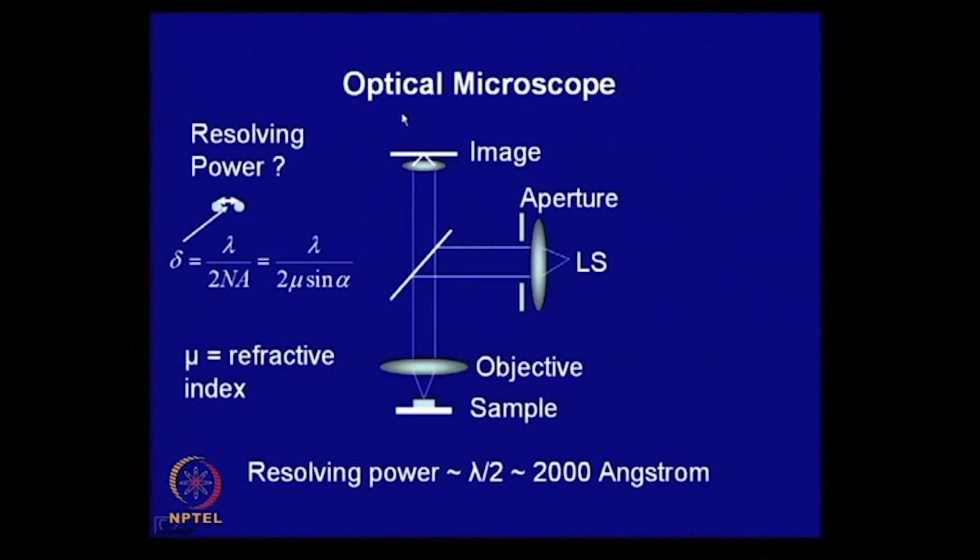In an optical microscope, we use visible radiation, and visible radiation has a wavelength, as you know, around 4000 to 6000 angstrom, and the resolving power is equal to the wavelength over twice the numerical aperture. The numerical aperture is a measure of the amount of light which comes in.